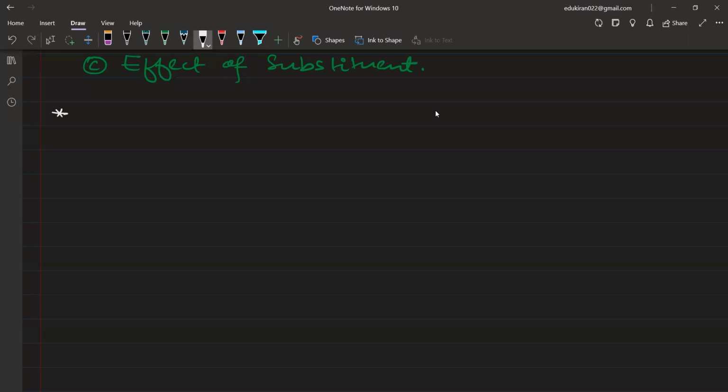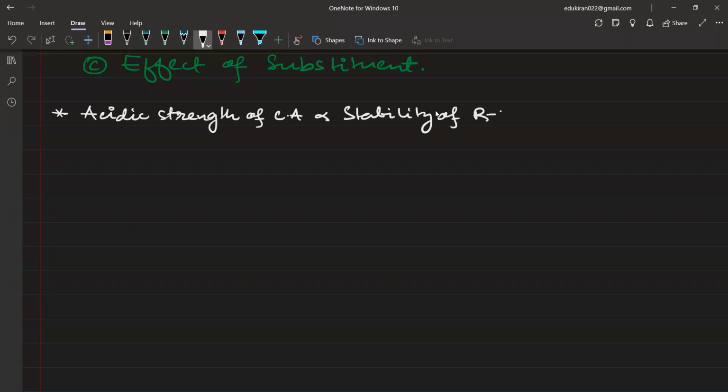See here, the acidic strength of carboxylic acid is directly proportional to the stability of the carboxylate ion.